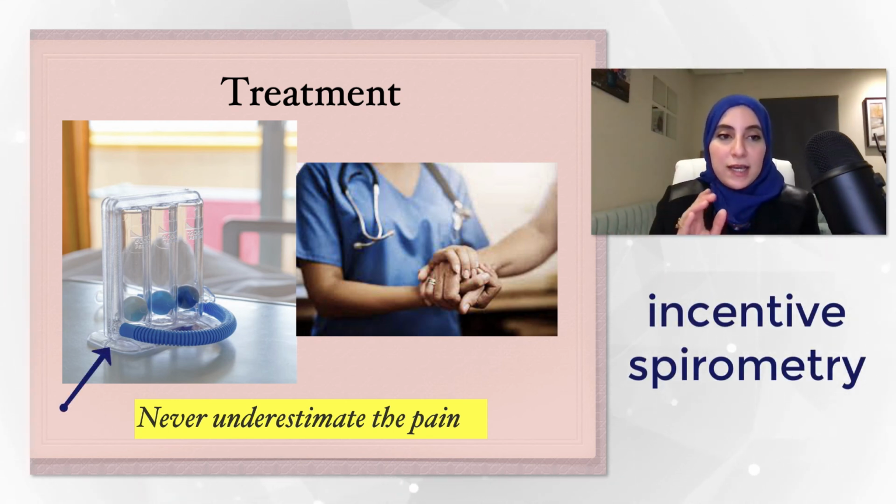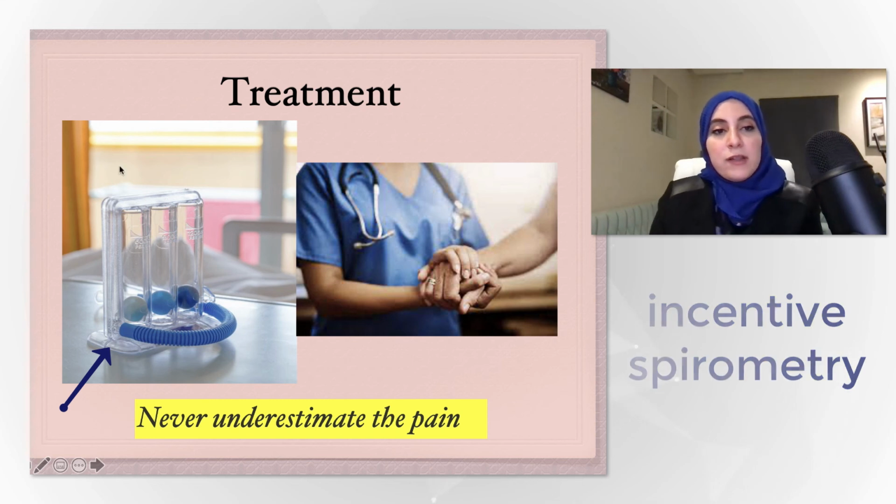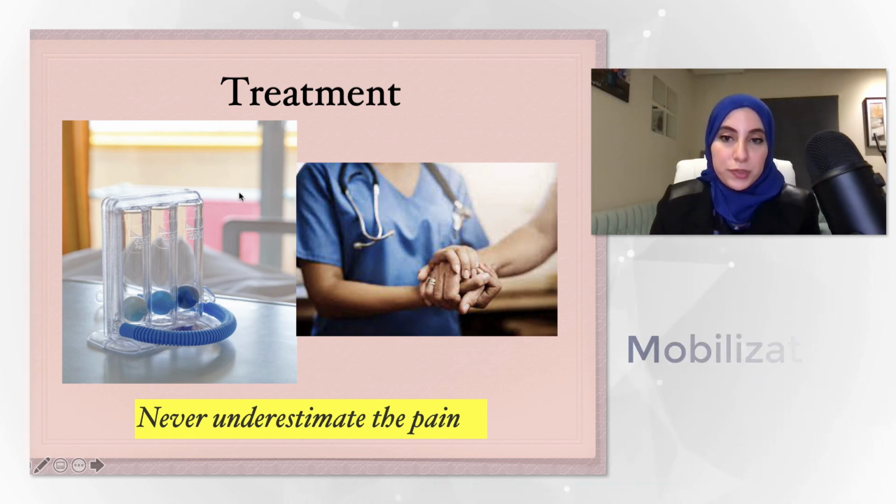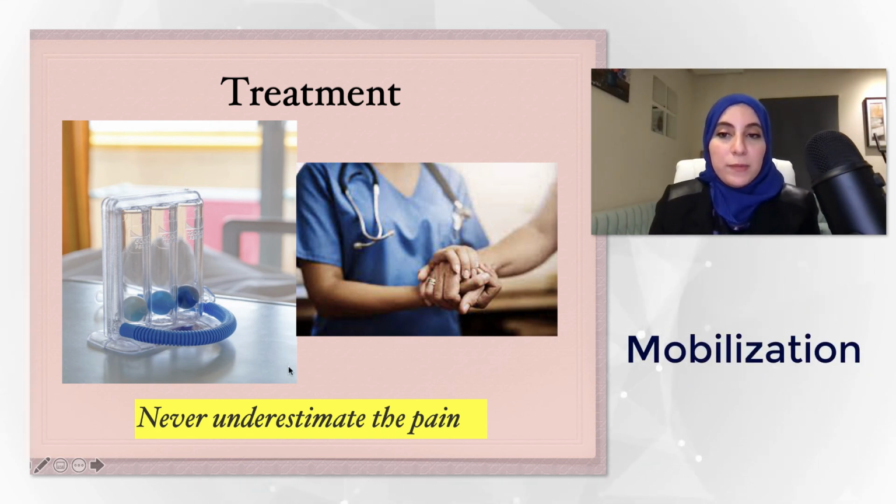So as much as they can, they will use this device. It's easy to use. They just need to blow through it, and respiratory therapy can educate the patient on how to use it. Also, you have to encourage ambulation as soon as possible.